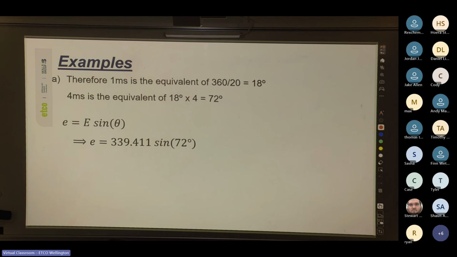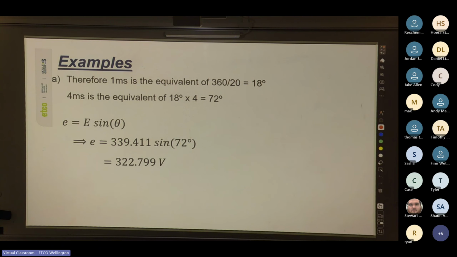So what this question is getting us to do is take our knowledge of the fact that one sine wave is 360 degrees, and we know we've got a frequency of 50 hertz. We can figure out the time period using that 50 hertz, and then we can divide our 360 degrees into 1 millisecond time periods.